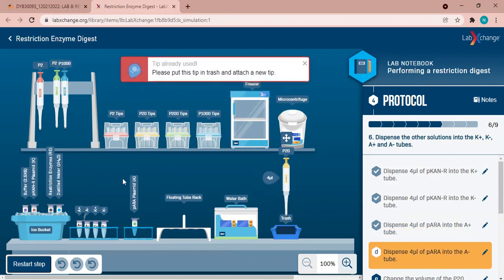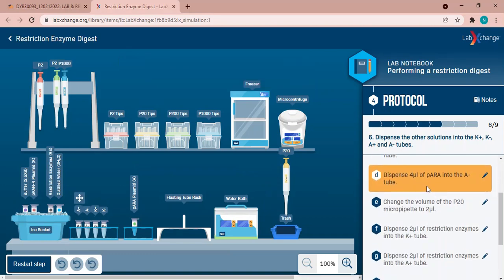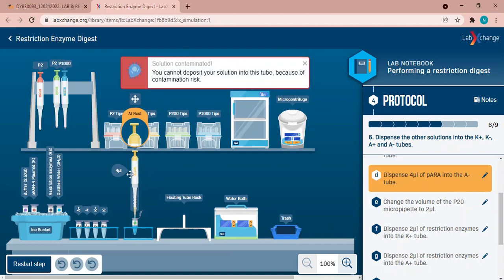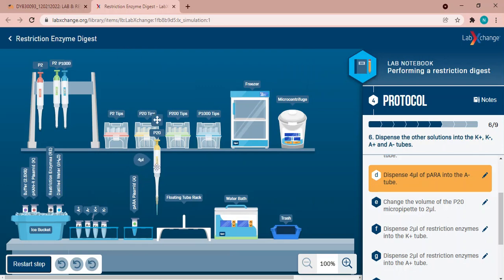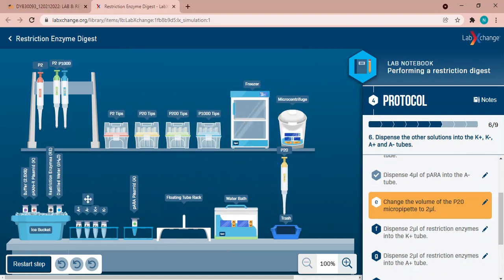Then eject a tip. Next, dispense 4 microliters of pARA into the A minus tube. Eject a tip. And dispense to the A minus tube. Okay. Eject a tip to prevent contamination.